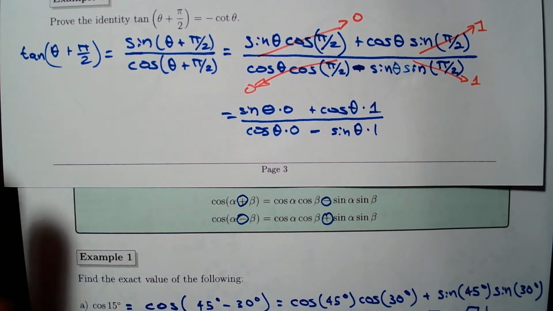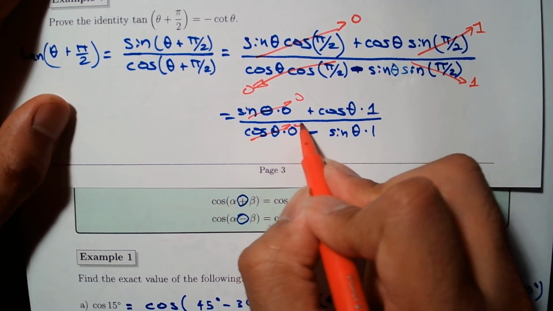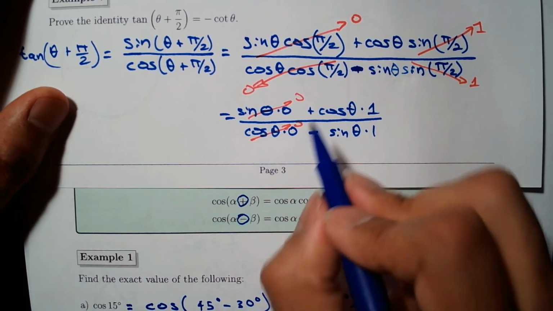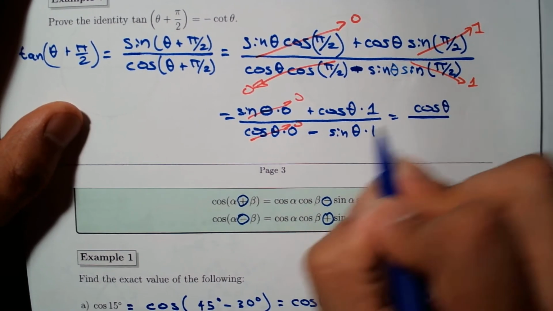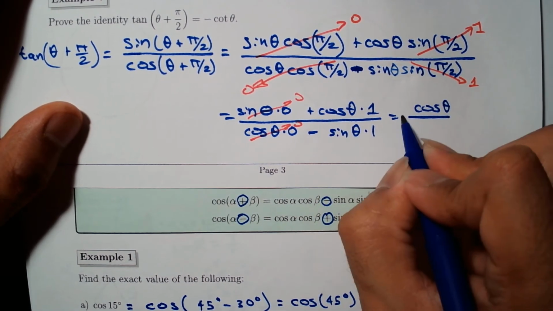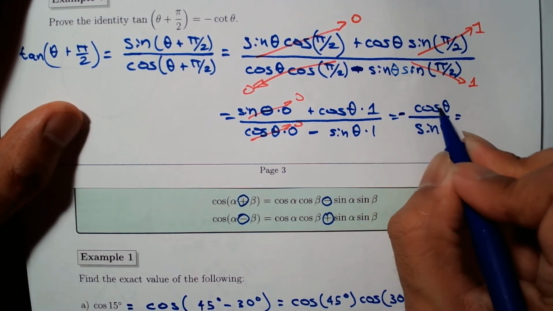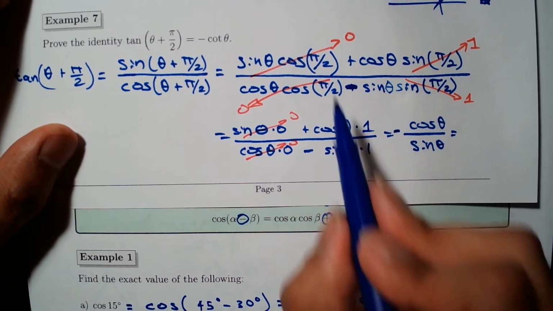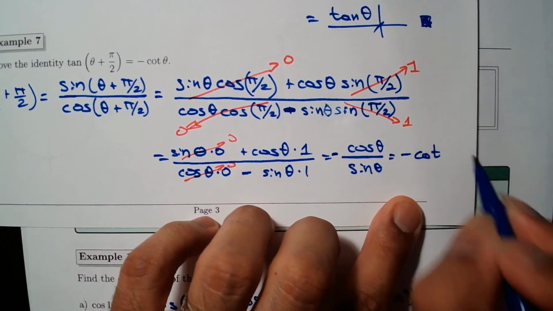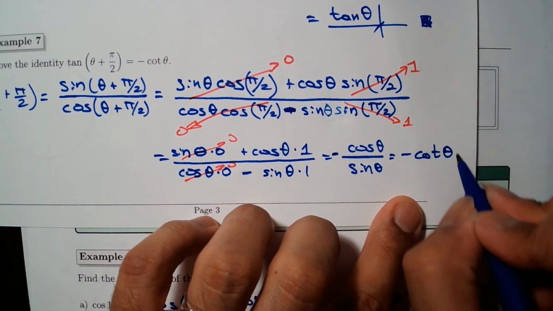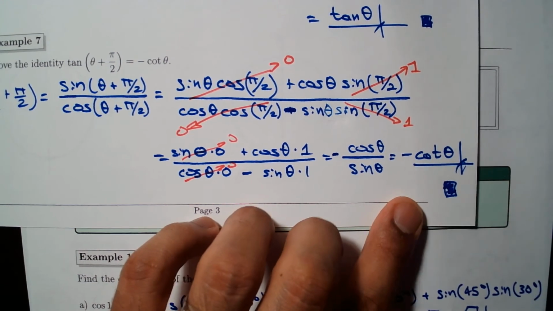In this case, these two go to 0, of course, and cosine times 1 is cosine, over minus sine. And cosine over sine is cotangent, so we get negative cotangent, as we wanted to show. All right, end of proof.